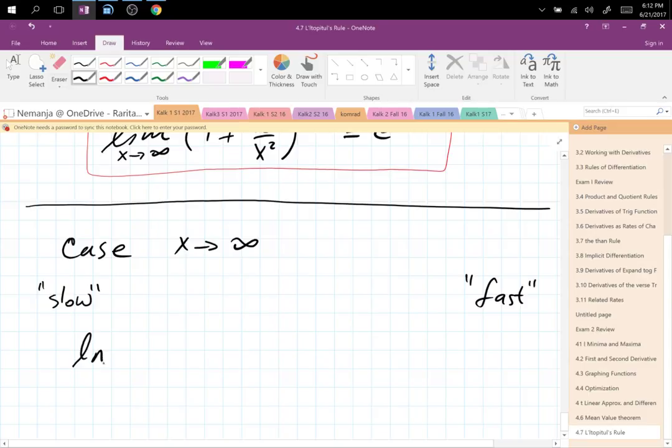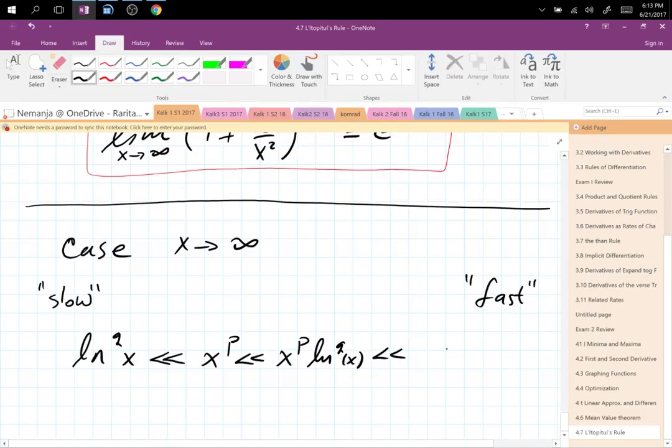So ln raised to any power of x is one of the sluggiest functions out there. Then you have polynomials, which rise faster, and multiplying polynomial and ln together is faster still.